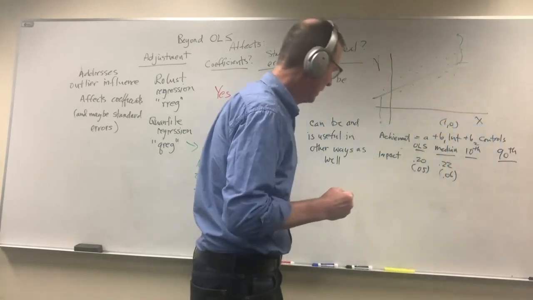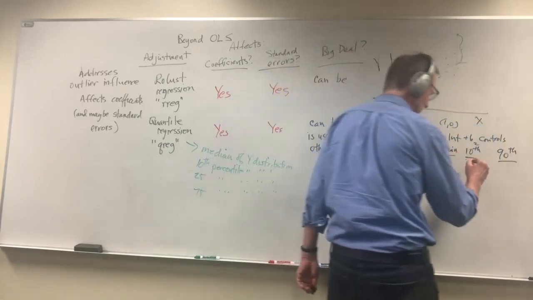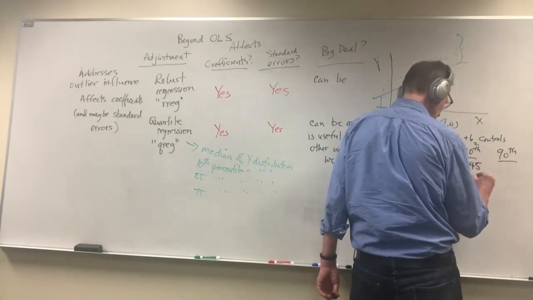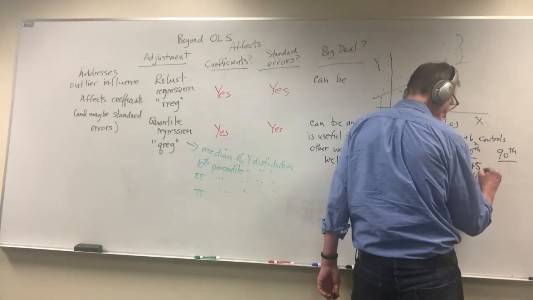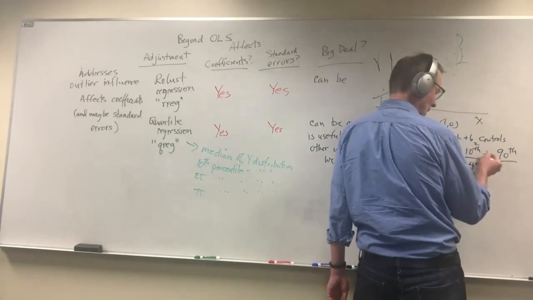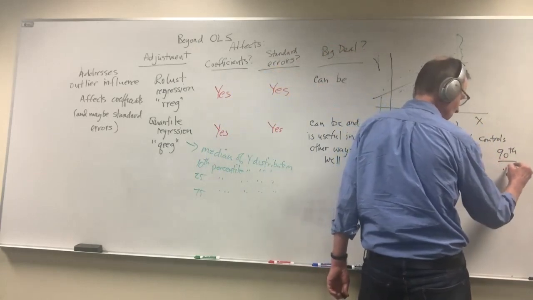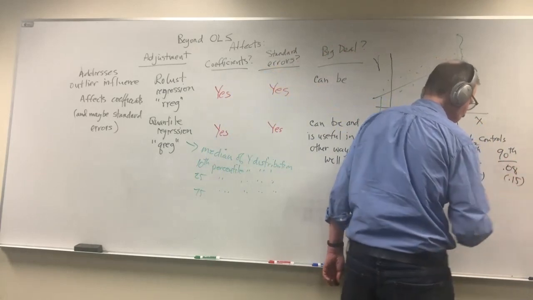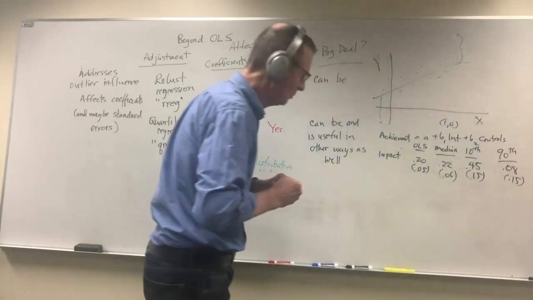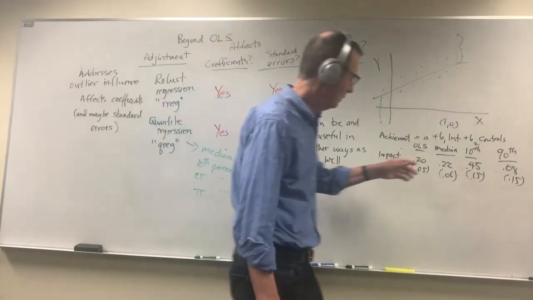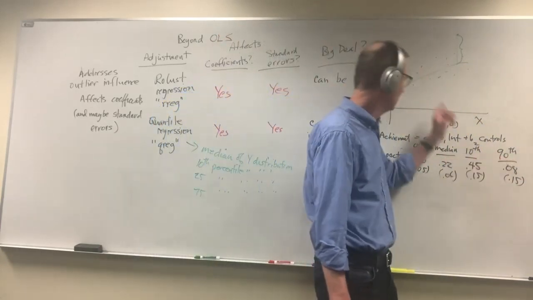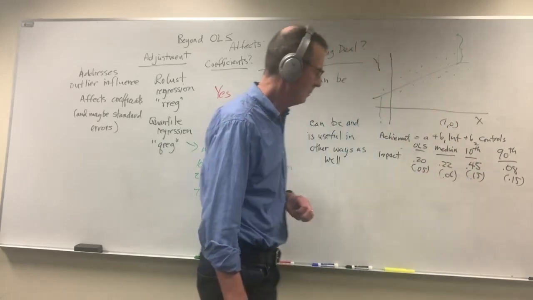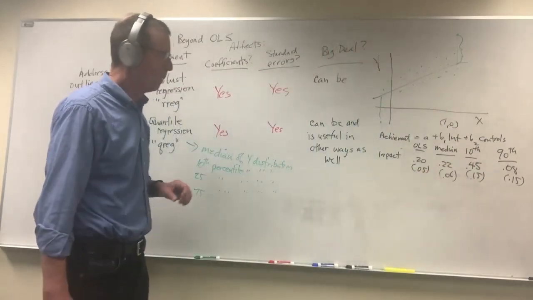Right? And it could be that your impact is particularly large at the bottom end of the distribution relative to the top end of the distribution, right? Or these could be reversed. You could have an intervention that was much more effective toward the top end of the achievement distribution than the bottom end of the achievement distribution.